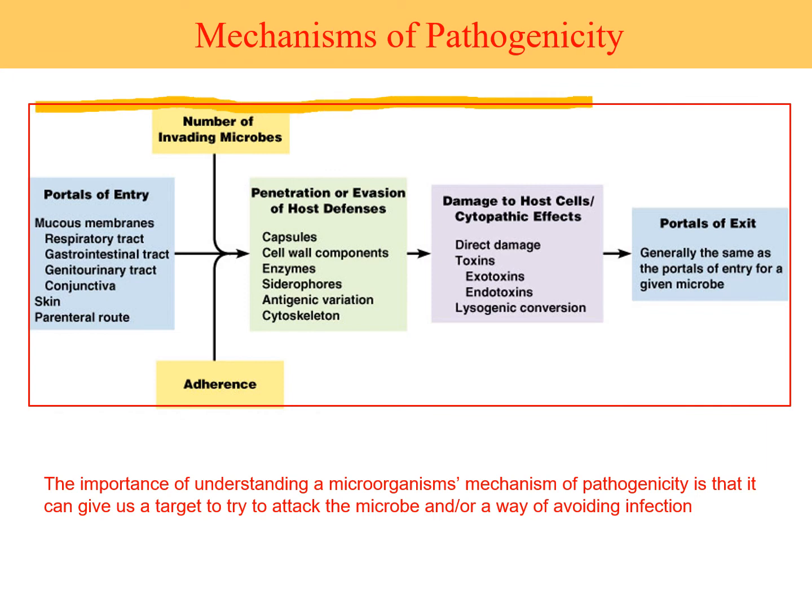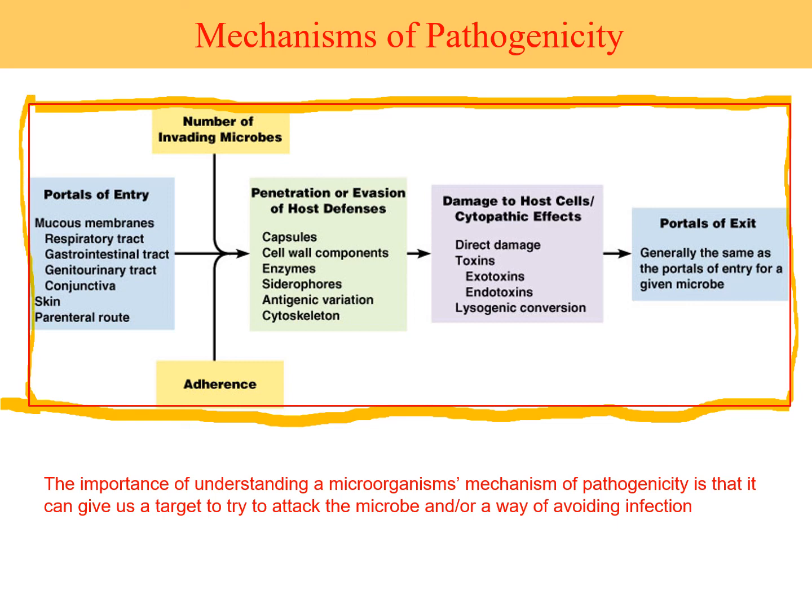All the things we've discussed are important aspects of how an organism causes the disease process, its mechanism of pathogenicity. Portal of entry, including number of invading organisms and ability to adhere, penetration or evasion of host defense, damage, cytopathic effect, and portal of exit. And again, I point out to you that the importance of understanding a microorganism's mechanism of pathogenicity is that it can give us a target to attack it, to target a weakness in it.